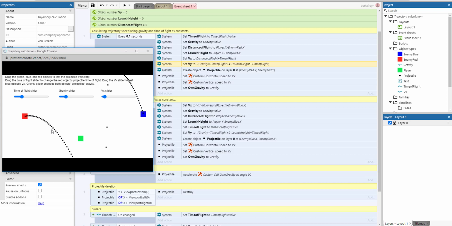If this were to be exactly at the same height, they would end up exactly at the middle here, because we're not dividing by 2, we're dividing by 4. So we have to take into account that launch height here, because that launch height is not in the equation here. Launch height will be 0, because they will be exactly at the same y coordinate.